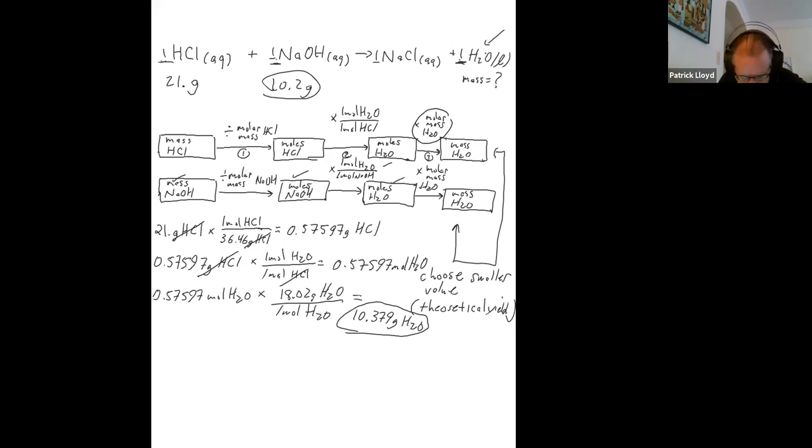Okay. So our second set of calculations is 10.2 grams of sodium hydroxide. Now, sodium hydroxide is an interesting compound in terms of its molar mass, because sodium is 22.99 and hydrogen is 1.01.